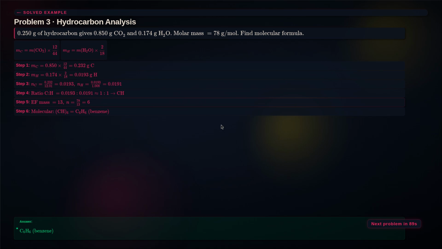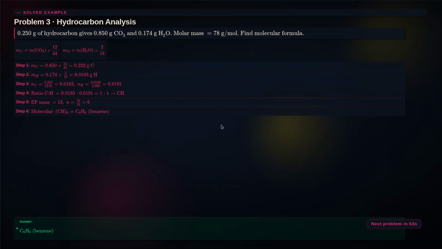Mass of carbon is 0.850 times 12 divided by 44 equals 0.232 grams. Mass of hydrogen is 0.174 times 2 divided by 18 equals 0.0193 grams. Notice that the sum of carbon and hydrogen masses very nearly equals the sample mass, confirming only these two elements are present.